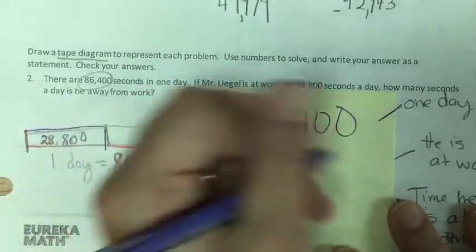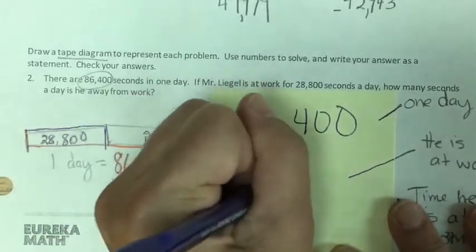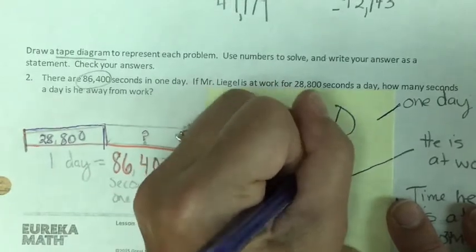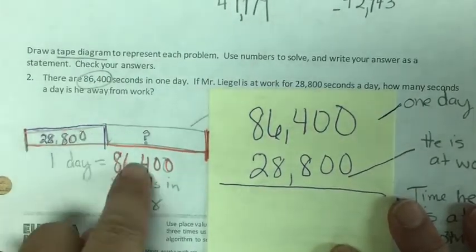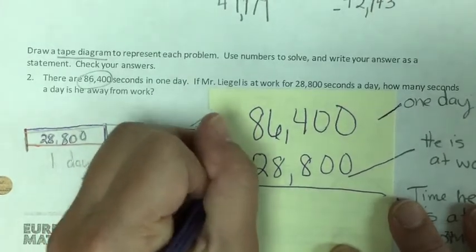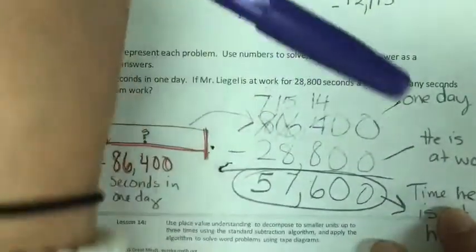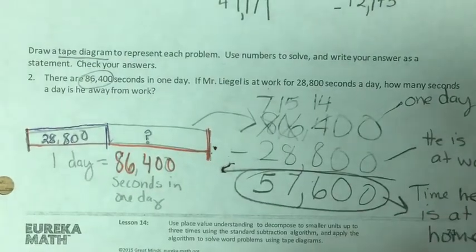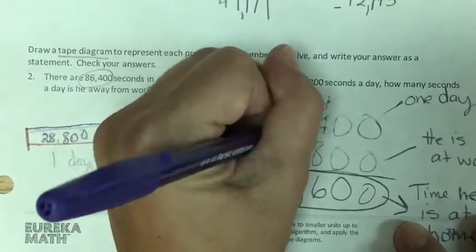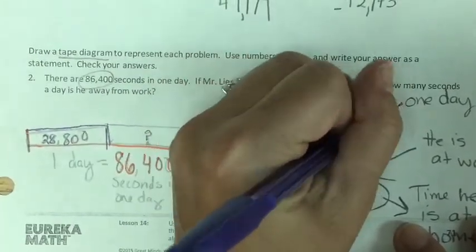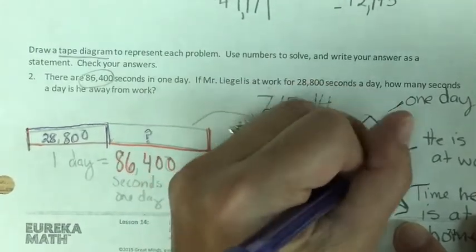And then I know how much time he does spend at work, because the problem tells me. So I need to find the difference. And that means I'm going to subtract. And voila! Through the powers of magic, you can see my work here.